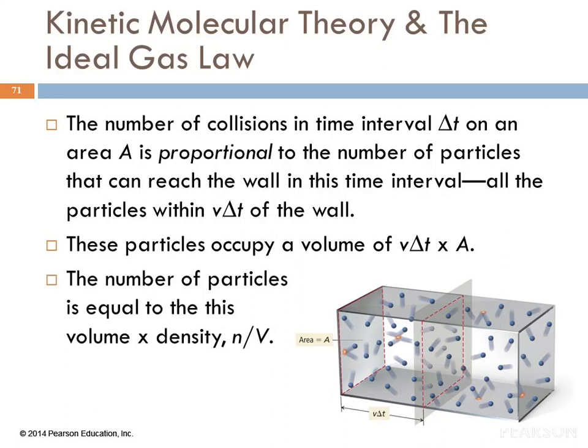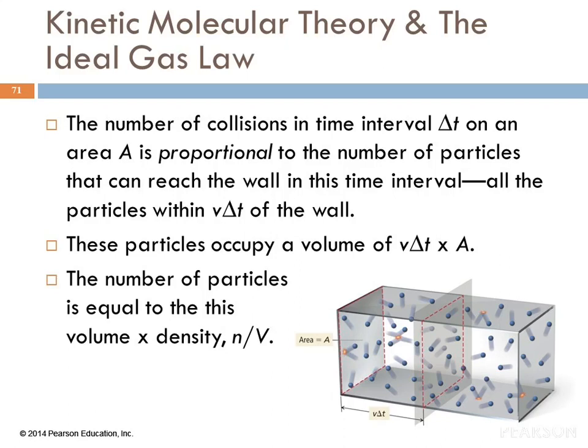And if you multiply that by time, you get a distance, right? So what that is saying is that any particle in here that's traveling at the velocity v within a time delta t would be able to hit the wall. So the number of collisions is related to the number of particles within that volume.